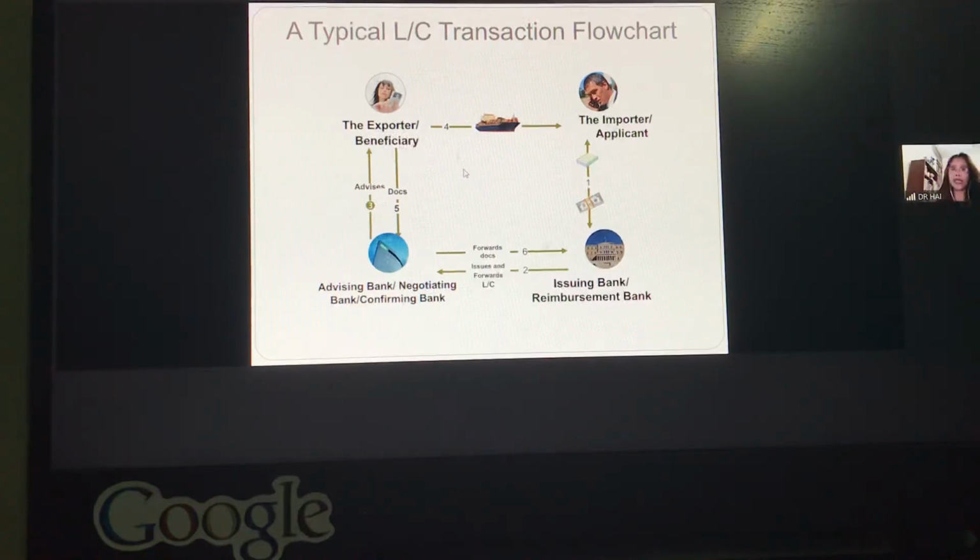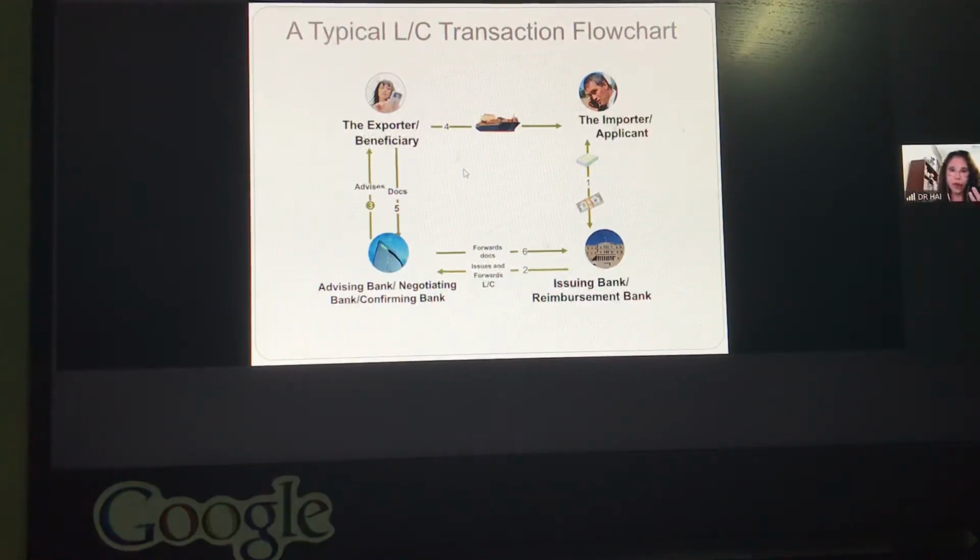Only you know exactly that you have no goods. You have not sent the goods to the importer. But you are waiting for the payment, right? Is that right? So why do you act like that?